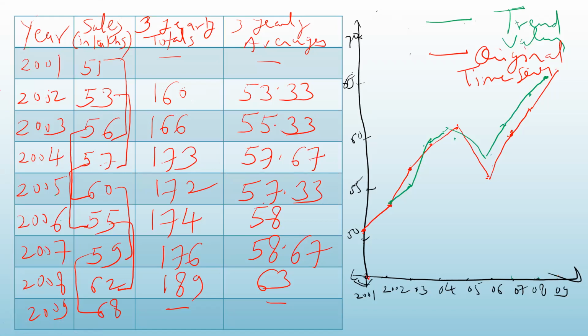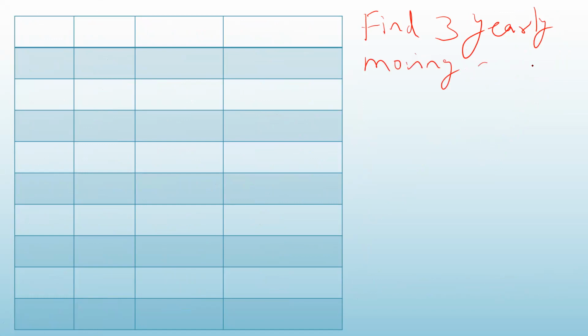Let me explain in front of you. So we will have a time series here. Find 3-yearly moving averages for the given time series.